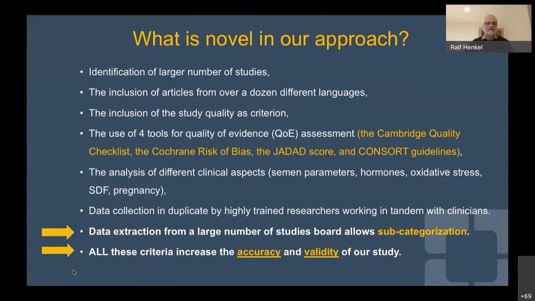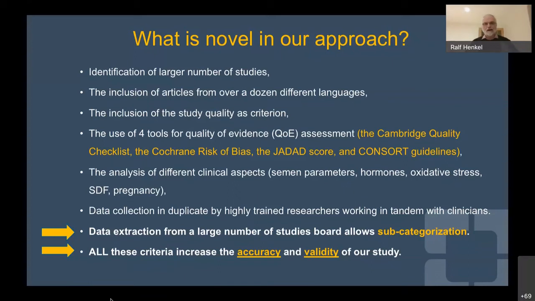In the end, all this will lead to the data extraction being done with a large number of studies, which then allows subcategorization. And as you all know, subcategorization will finally lead to lower numbers, which makes a normal study less valid.